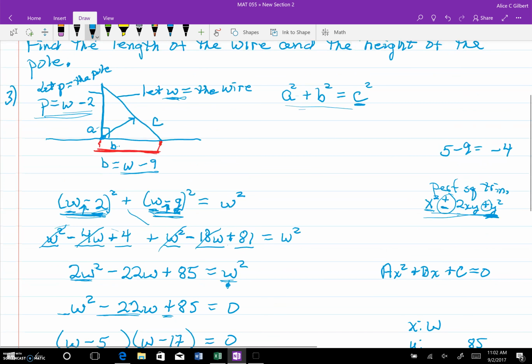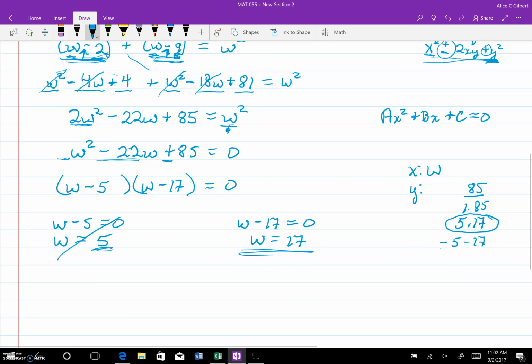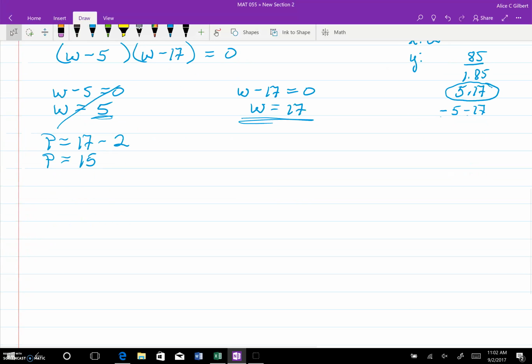Now I need to know how long the pole is. Well, this is my pole. P equals w minus 2. So let's go down here and go P equals w is 17 minus 2. So P equals 15. Okay, so let's write our answer.